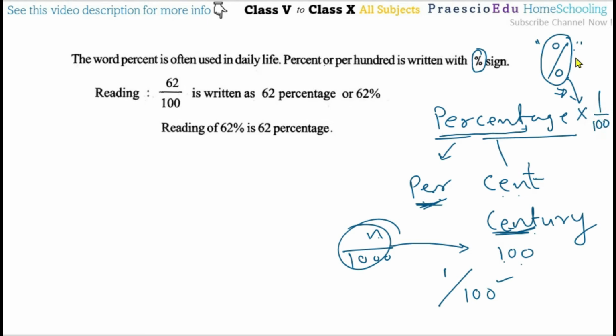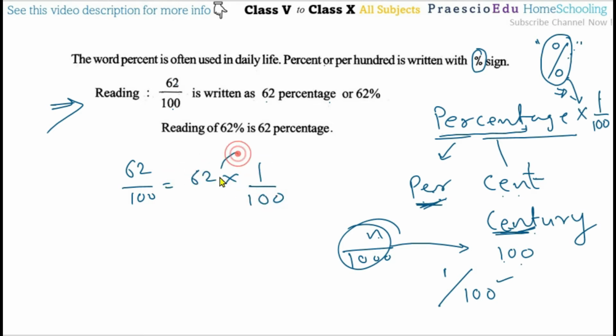I am again repeating, to find out the value you can replace this symbol with multiply by 1 by 100. Now for reading purposes, 62 by 100 is written as 62 percentage. Here 62 by 100 means 62 multiplied by 1 by 100.